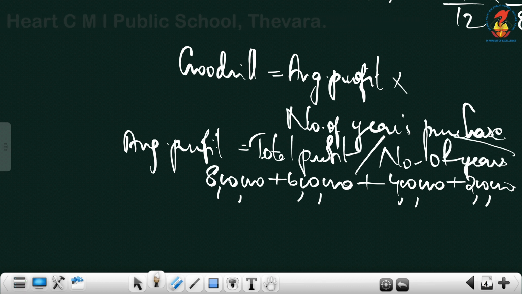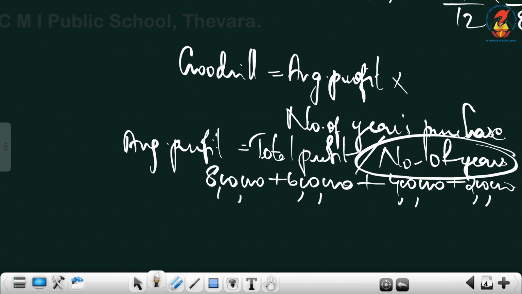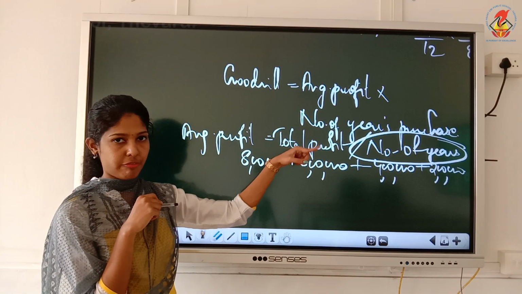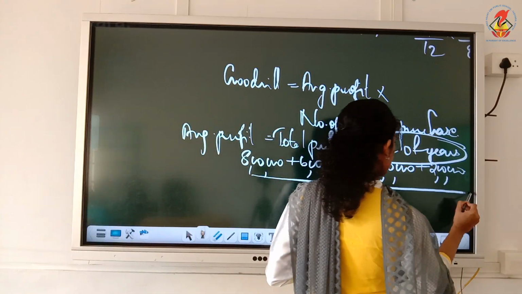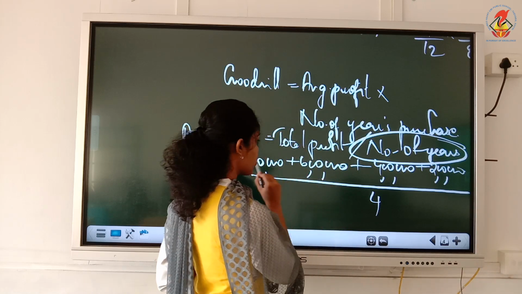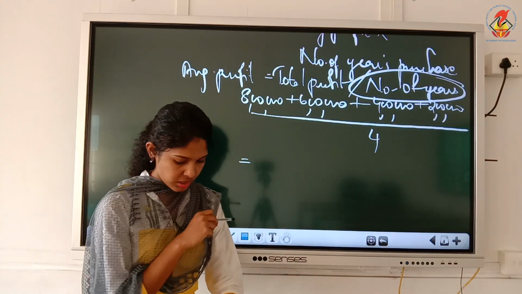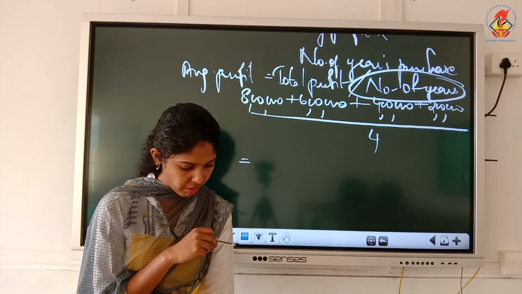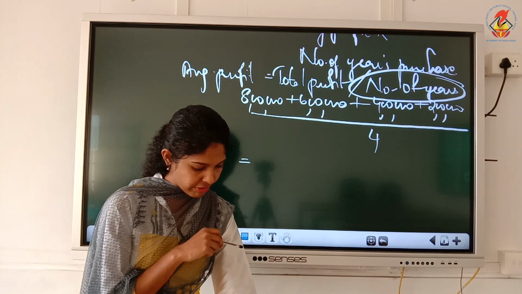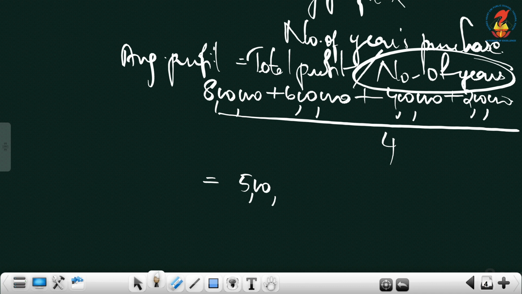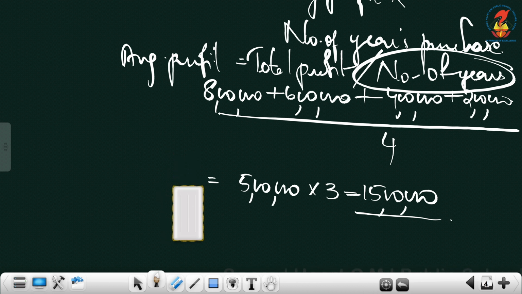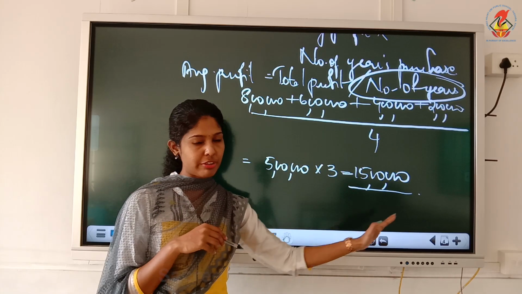It's not number of years purchase, it's just number of years. Both are different. So here number of years means 4 years, 1, 2, 3, 4. 4 years' profits are given. So the average profit you will get is 5 lakhs, into number of years purchase given in the question, 3. So your goodwill amount is 15 lakhs. This is the total goodwill of the firm.